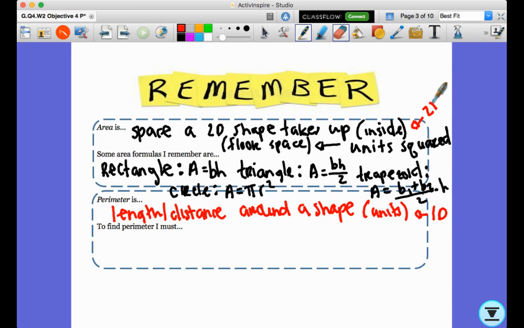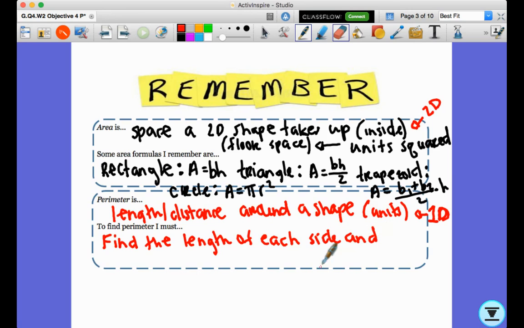Area is 2D, and volume is 3D. To find the perimeter, there's not really always a formula, so I didn't ask you for formulas. Find the length of each side and add.